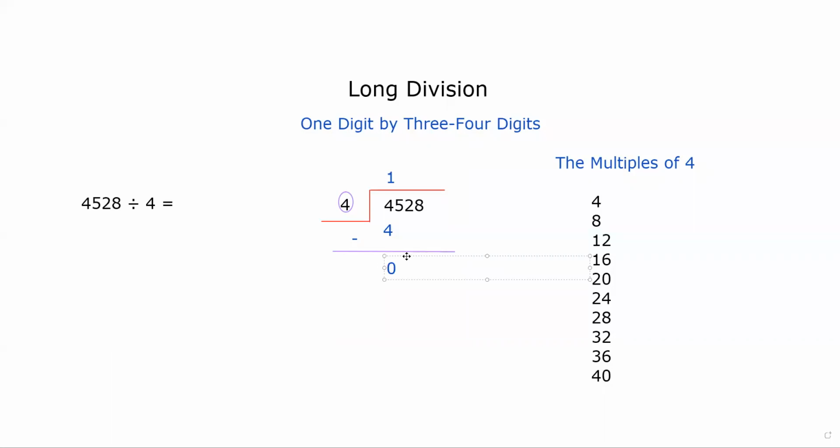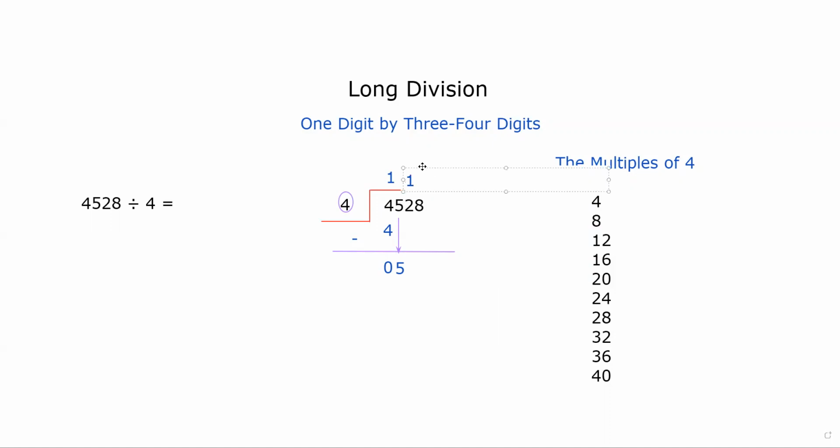And then what's going to happen is 5 going to come down. Now, one more time. Do we have 5 in table of 4? No. But we have 4. We're not able to choose 8 because 8 is greater than 5. So I'll choose 4. 4 is the first number. So again, I'll put 1.